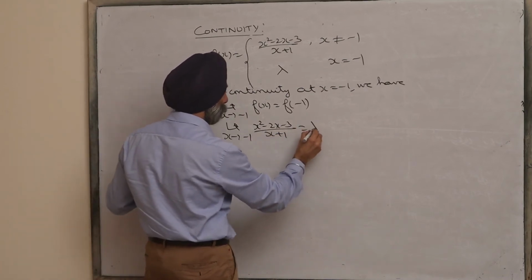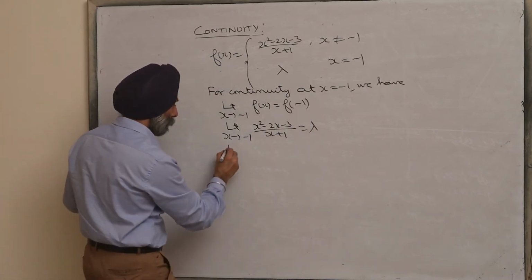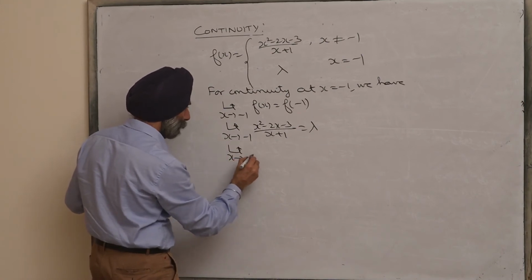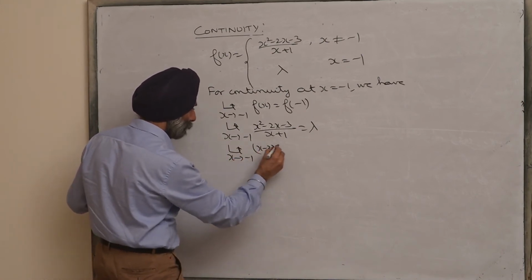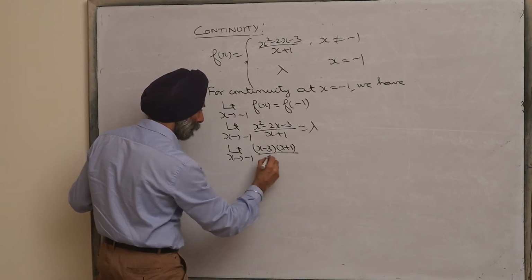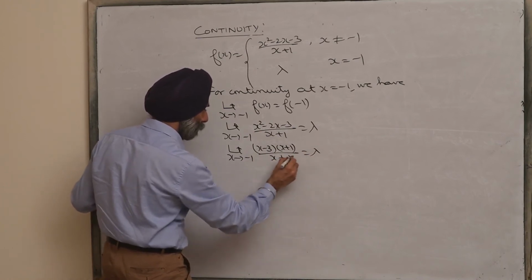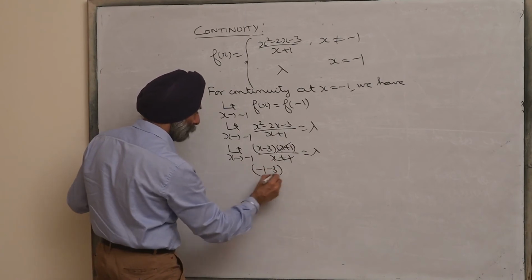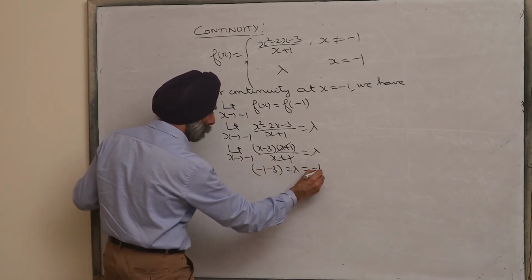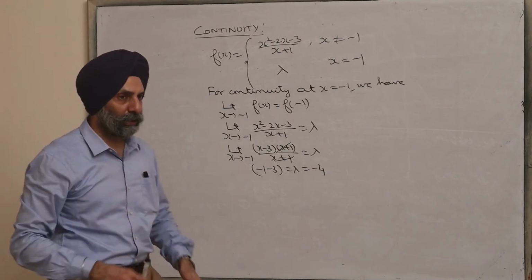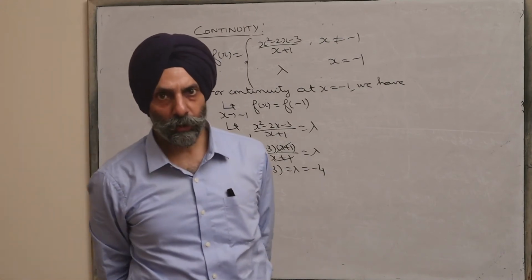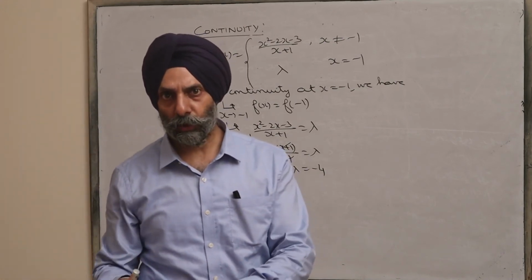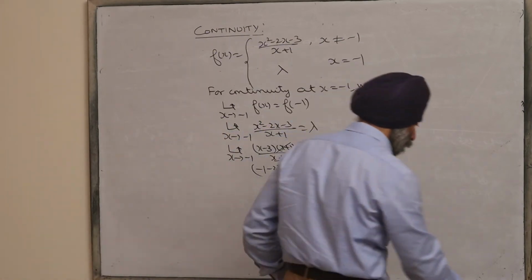So this is equal to lambda. So limit x approaches minus 1 of x minus 3 into x plus 1 upon x plus 1 is equal to lambda. Now applying the limit, minus 1 minus 3 is equal to lambda, or lambda is equal to minus 4. So when lambda is equal to minus 4, only then can you say that this function is continuous at x equal to minus 1.